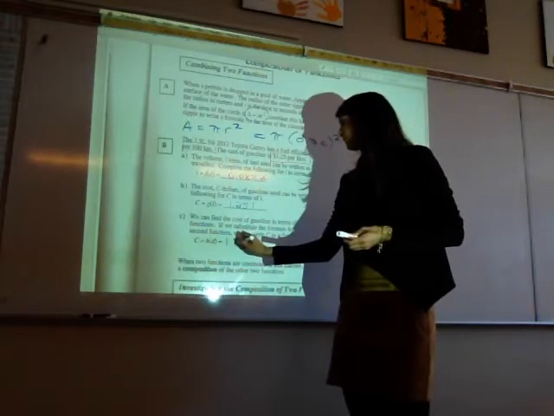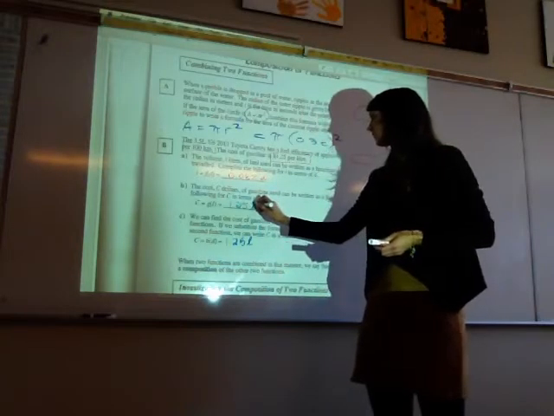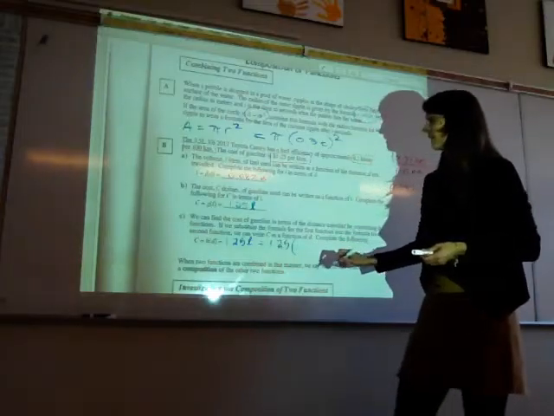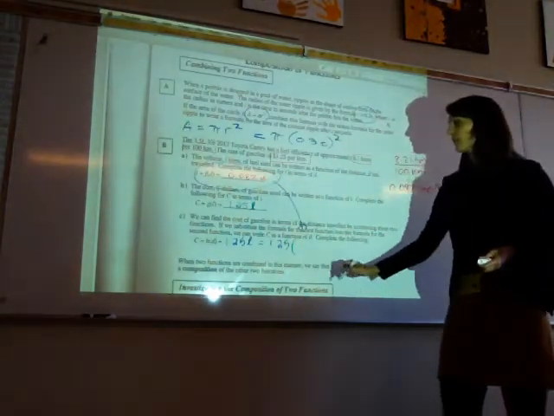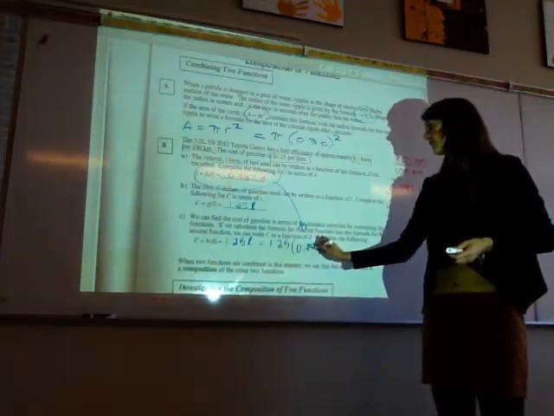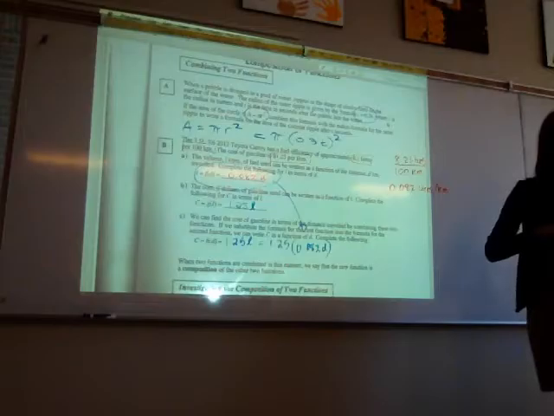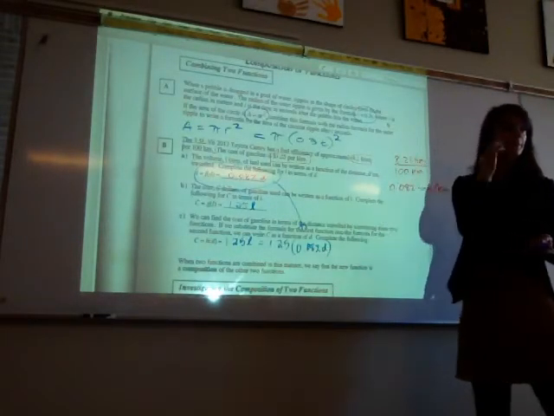So we have 1.25 L, and I'll use script, but the L is going to be replaced with this function here, 0.082d. Because we want the cost as a function of d. So d needs to be in the formula.